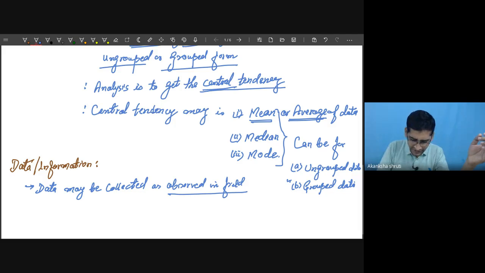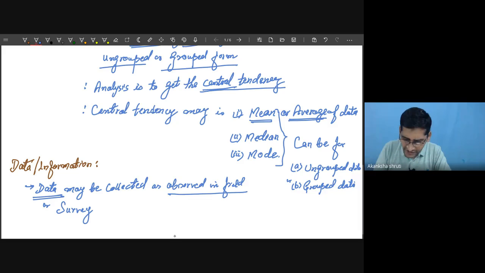So such data that you are observing in the field or during the survey for each individual is called ungrouped data or raw data.